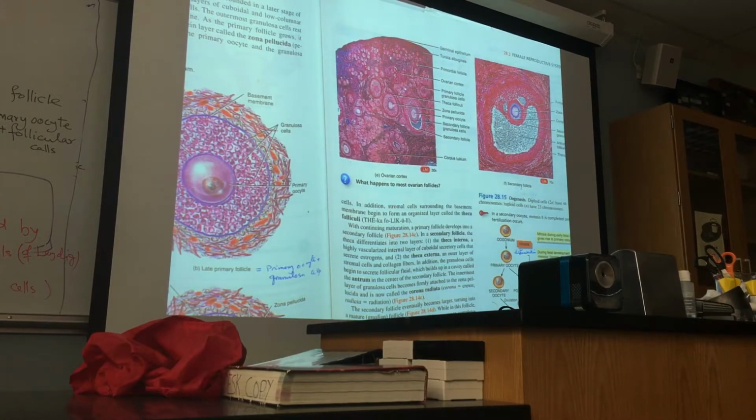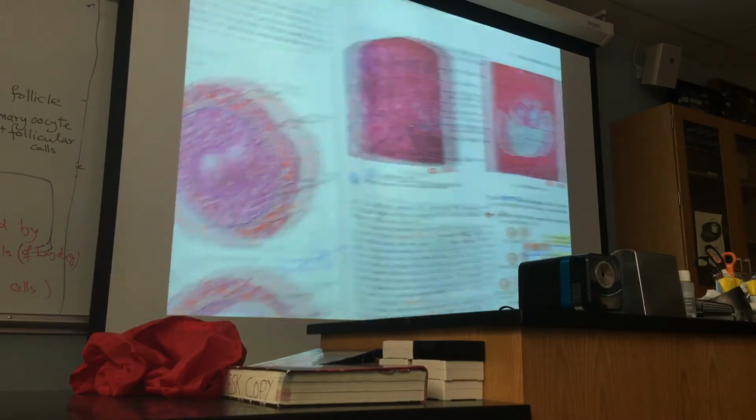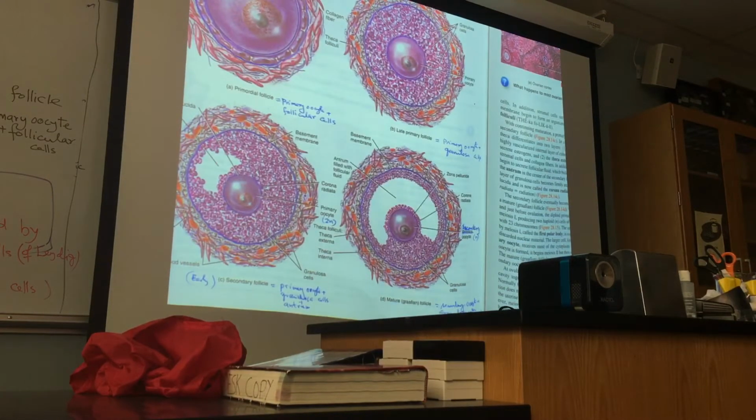These are primary follicle, secondary follicle. This thing is enlarged here, secondary follicle here. This is the antrum. This is the gamete. And the surrounding is called corona radiata. I forgot to mention that. This is called corona radiata. What is the meaning of corona?